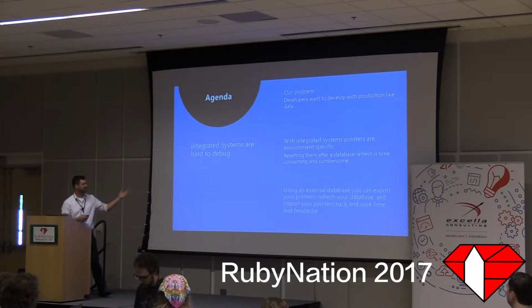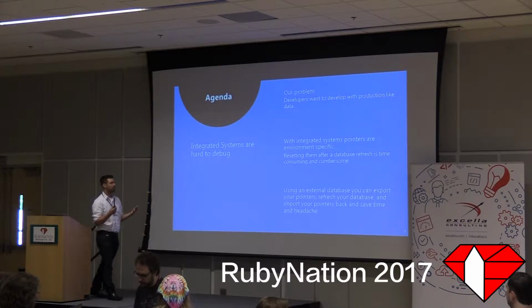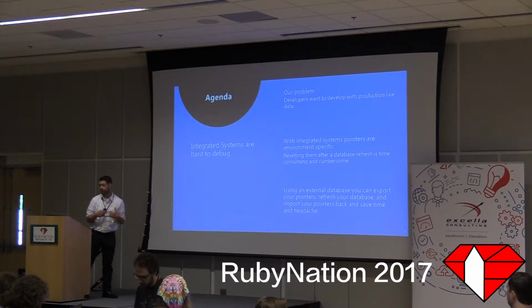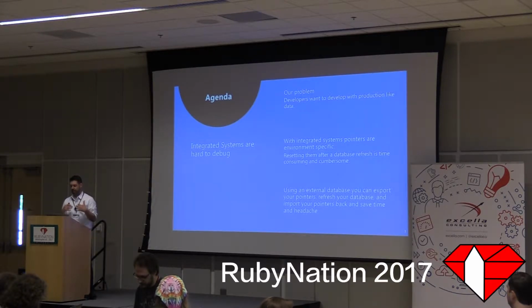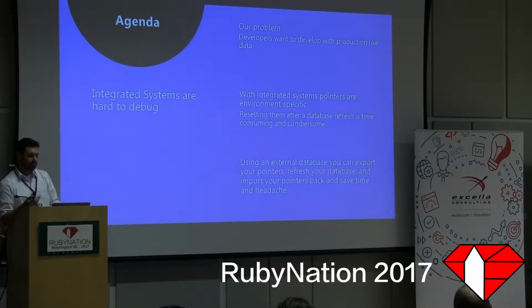All right, so integrated systems, they're hard to debug, right? The problem is, as developers, we want production data in our environment. And these pointers to these other systems, like foreign keys, they're really environment specific. So when we pull the production data down, the pointers are gone. They don't point to anything that means anything.